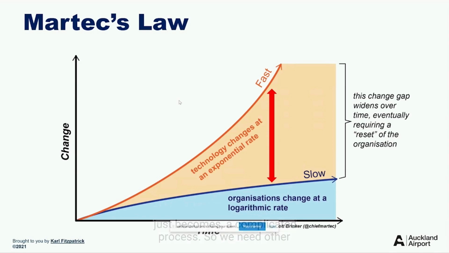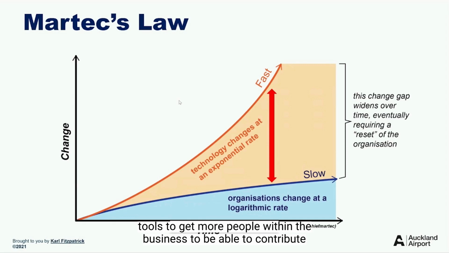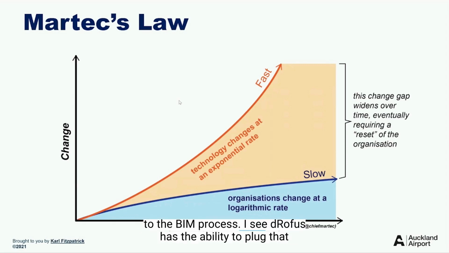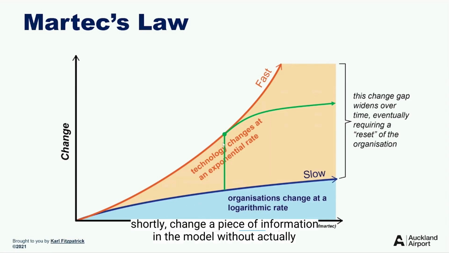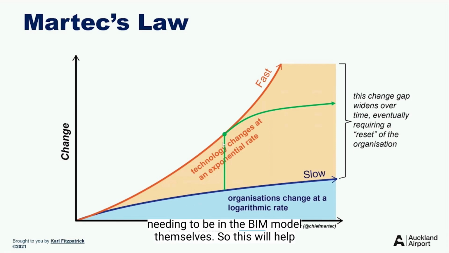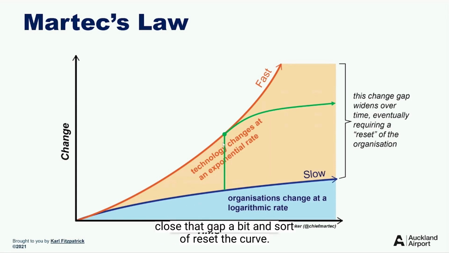So we need other tools to get more people within the business to contribute to that BIM process. I see dRofus as the ability to plug that gap. Now people can directly, as I'll show shortly, change a piece of information in the model without needing to be in the BIM model themselves. So this will help close that gap a bit and reset the curve.